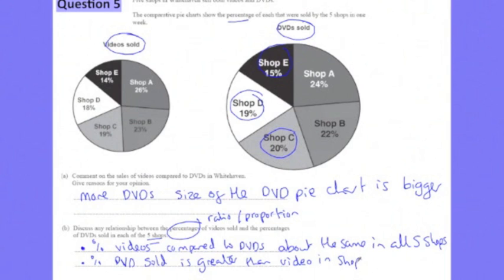So this is in shops E, D, and C. Whereas when we look here at A and B, the percentage is higher for videos. So we can then say the percentage of videos sold is greater than DVDs in shops A and B. So any one of those comments will be a comparison related to the percentage of videos sold and the percentage of DVDs sold.